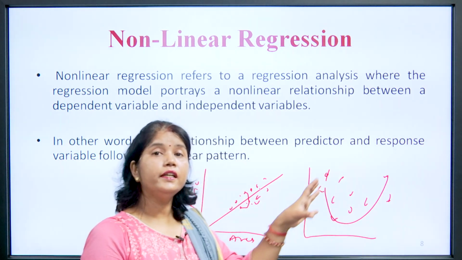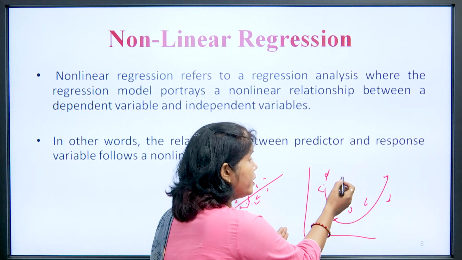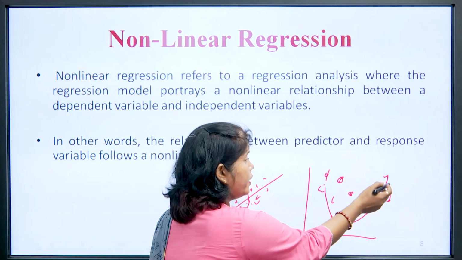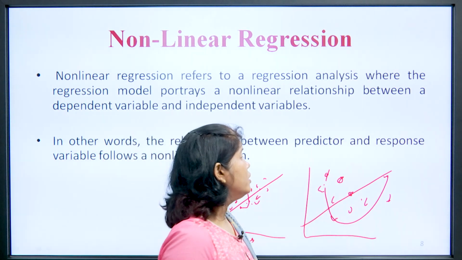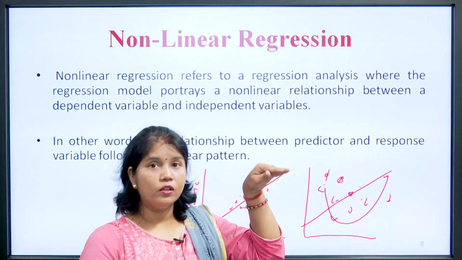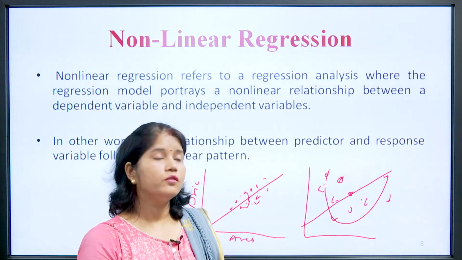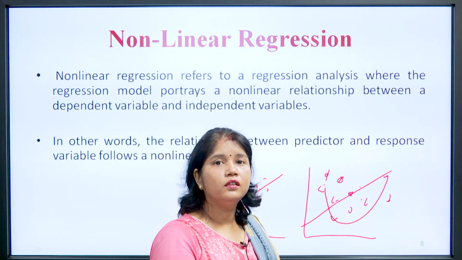So, in nonlinear relations, your data is scattered, and if you put a line like that, only one or two data points will lie on the particular line, and the rest of the points are just left.